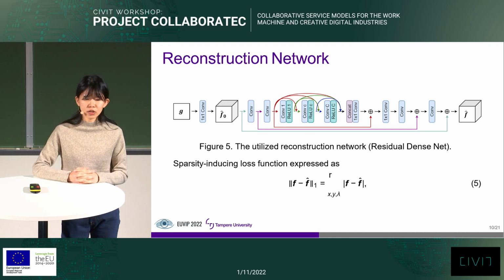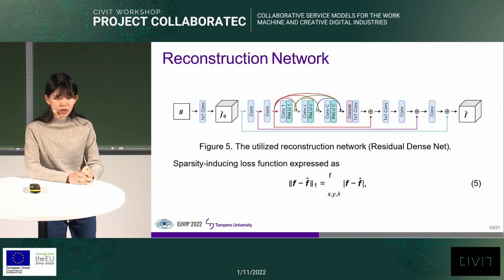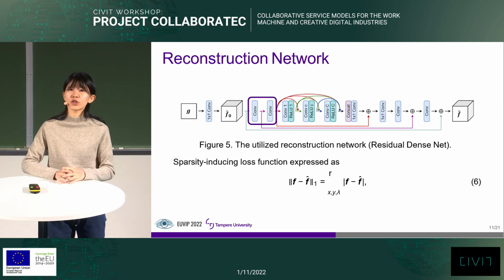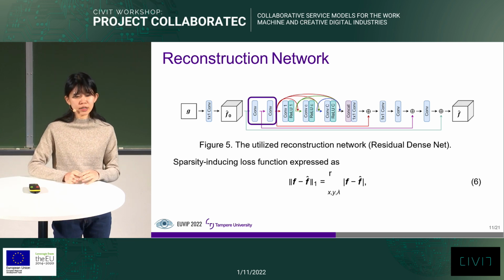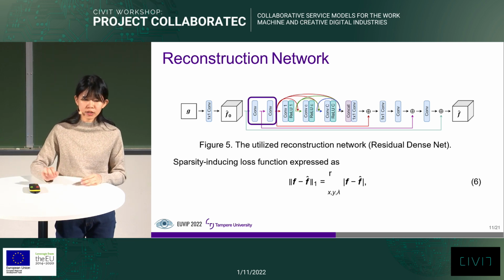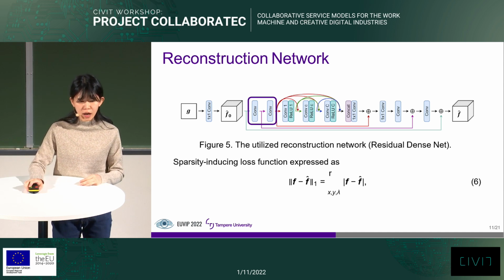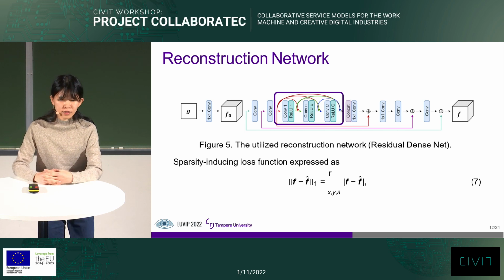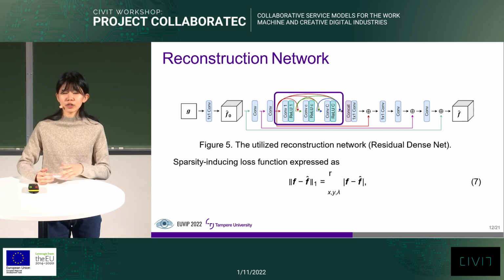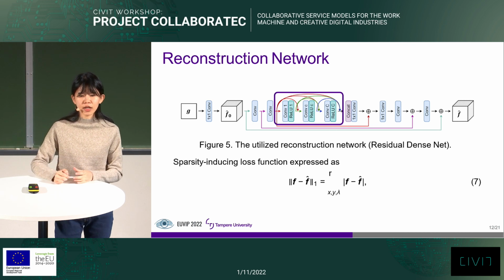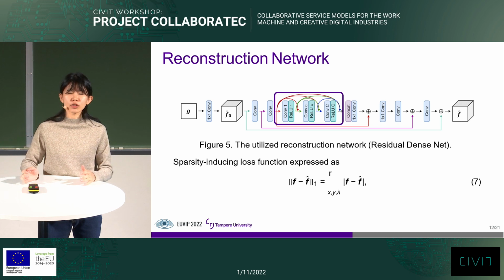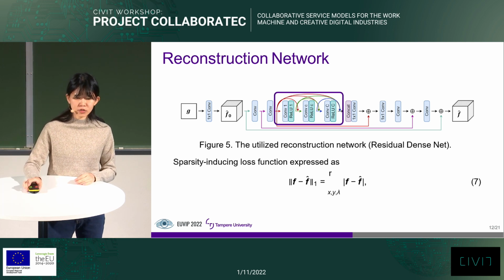And our reconstruction network, which is called the residual dense network, looks like this, and it consists of 4 different parts. The first part contains 3 by 3 spatial size convolutional layers, and second, we use densely connected feature extraction layers so that it requires less depth or complicated structure for extracting features.